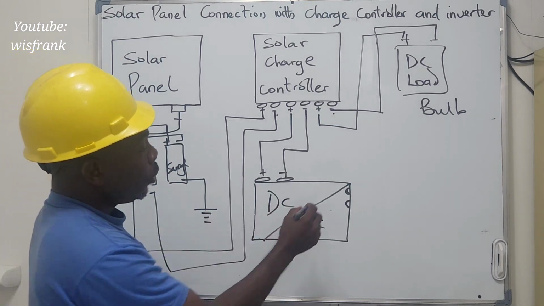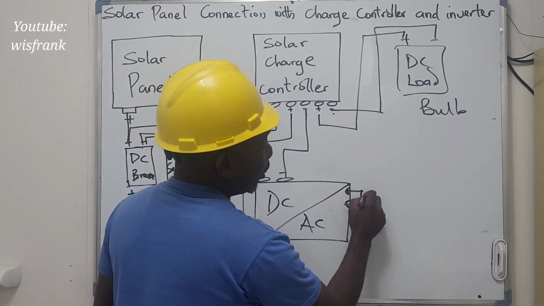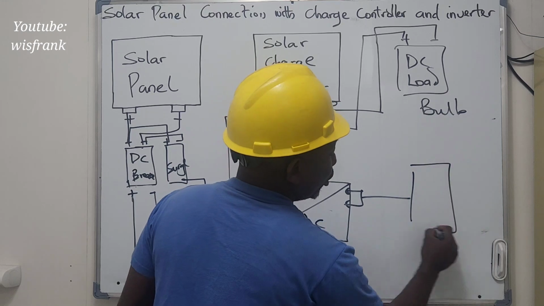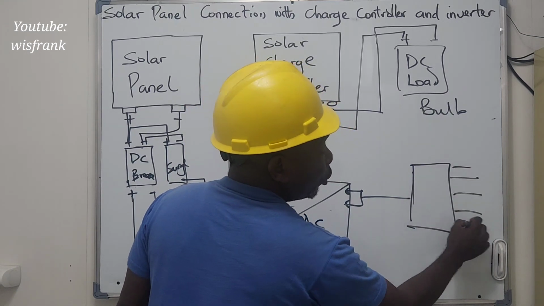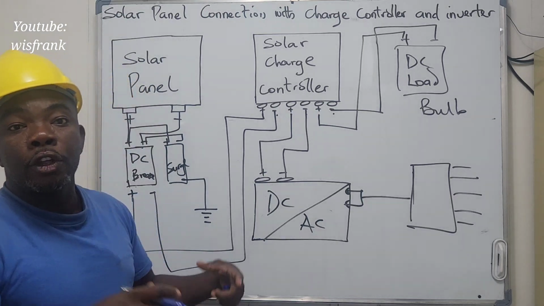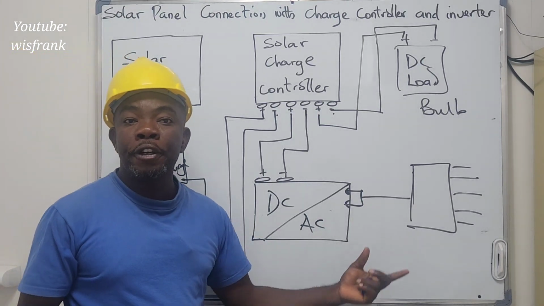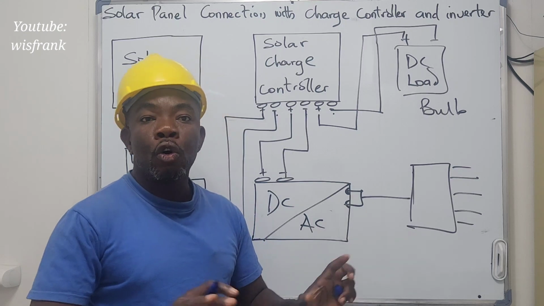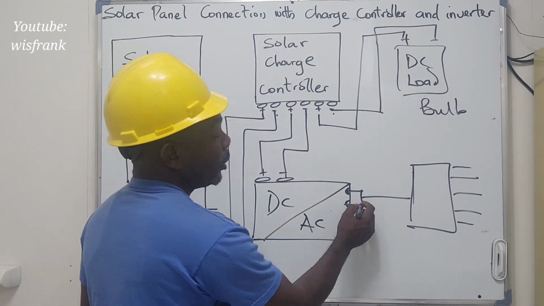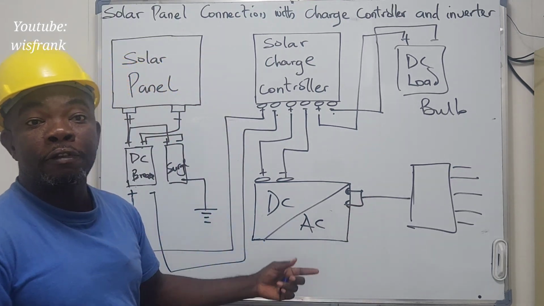So here you can have your plug that will be connected to your distribution panel, where you distribute your load to your AC, where you have your normal lighting point, your fridges, your TV, your AC, and all your home appliances can be connected to this AC output of the inverter.